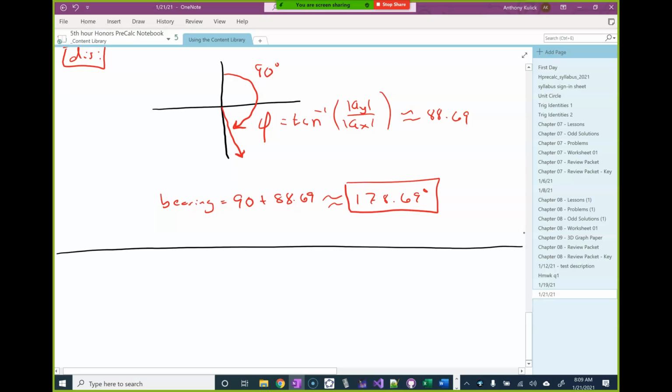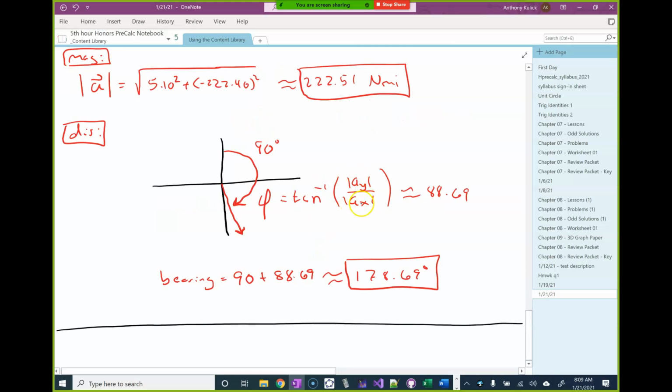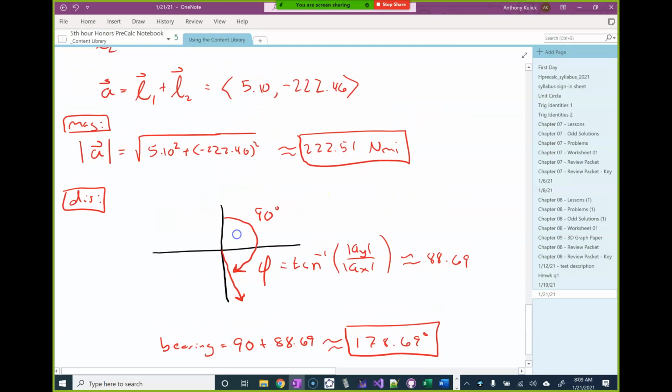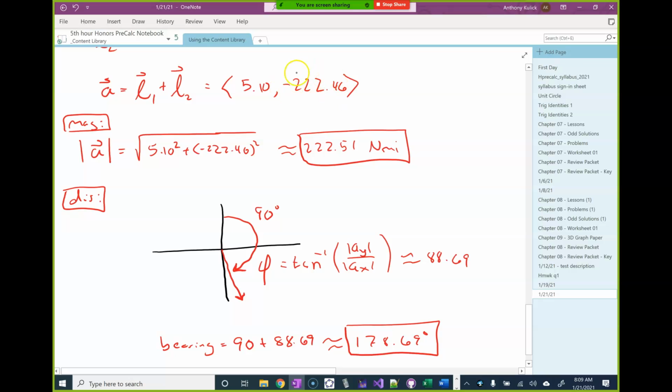Ben, what numbers do you put into the inverse tangent? So that's the y component of A over the x component of A. So that would be negative 222.46 and then 5.10, but I'm taking the absolute value of each of those, so just the positive of them. I actually put it as 5.13.